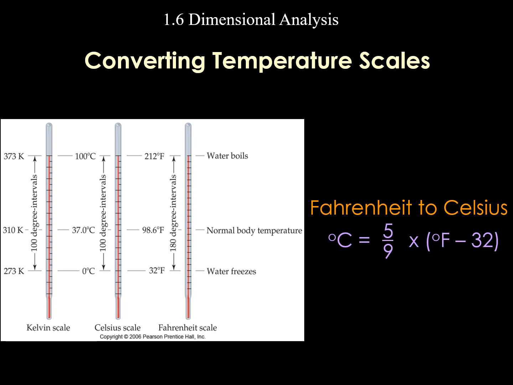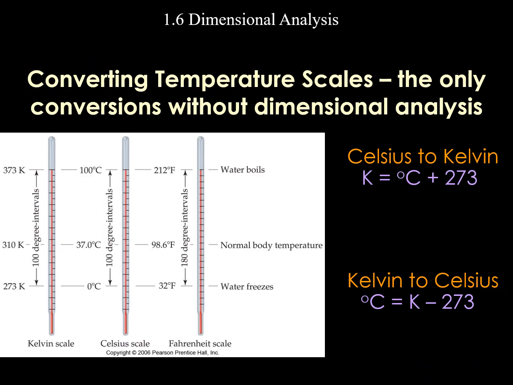So 0 degrees Celsius is 273 Kelvin. But again, this is the formula: Celsius is equal to 5 over 9 times Fahrenheit minus 32. And as I just said, if you want to find Kelvin, you have to add 273 to Celsius.